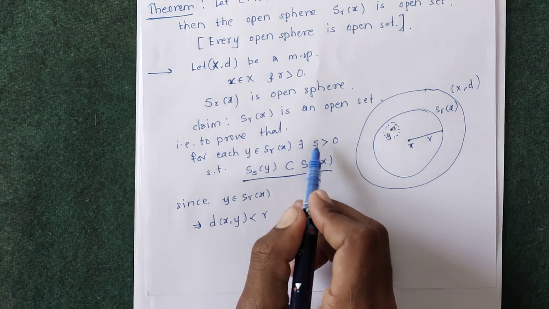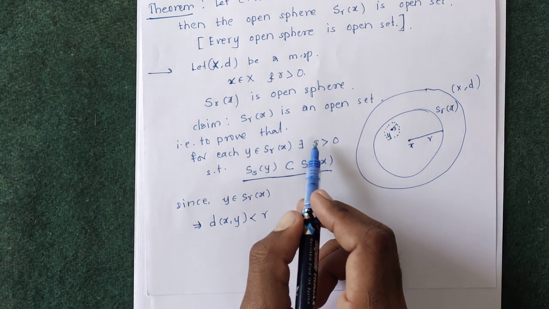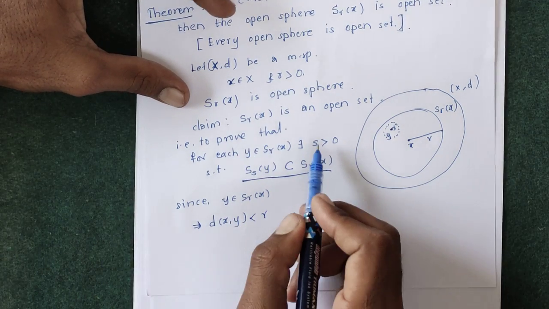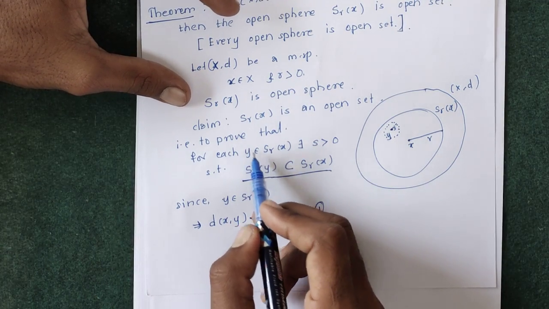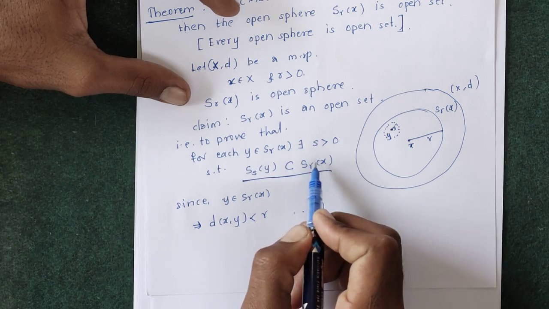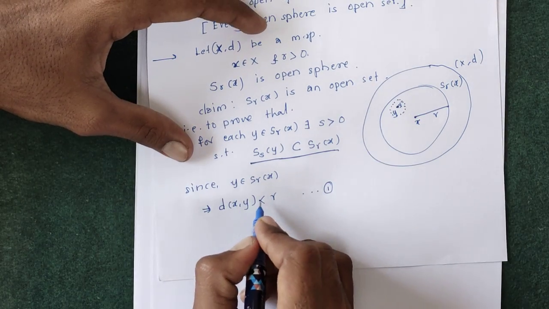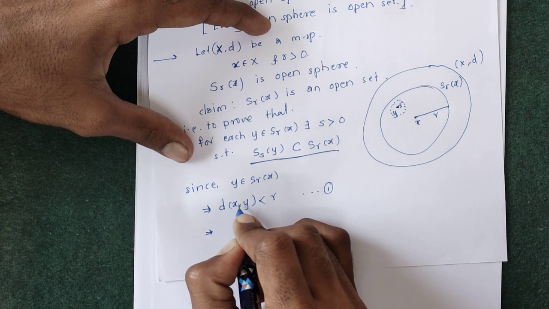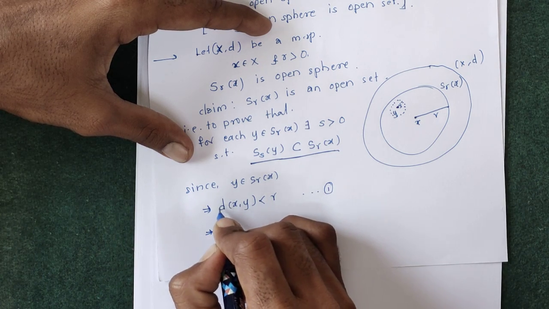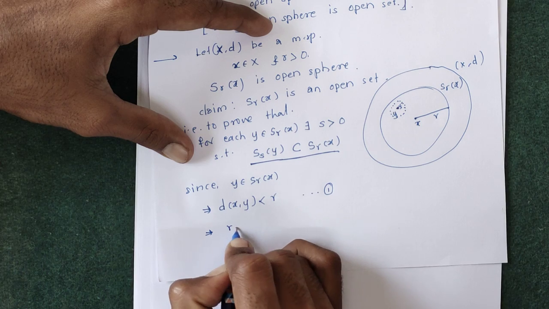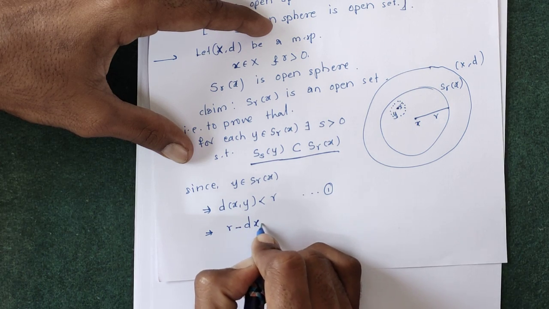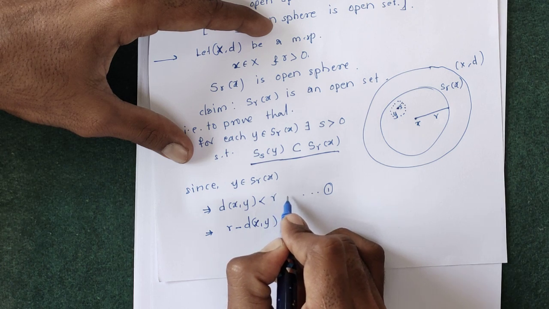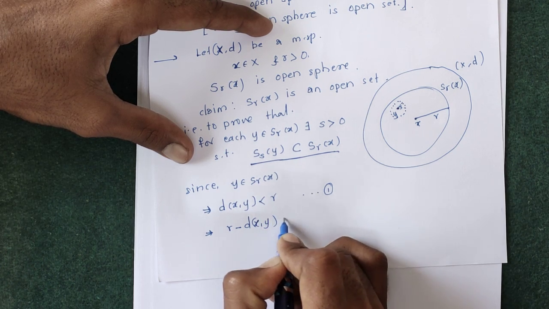Now we have to find the radius S such that if we draw the open sphere centered at Y with that S, then that open sphere must be contained in S_R(X). Now if we rearrange this equation, subtracting d(X,Y) on both sides, we can write R minus d(X,Y) is greater than 0.